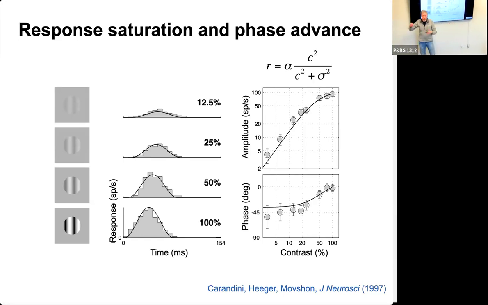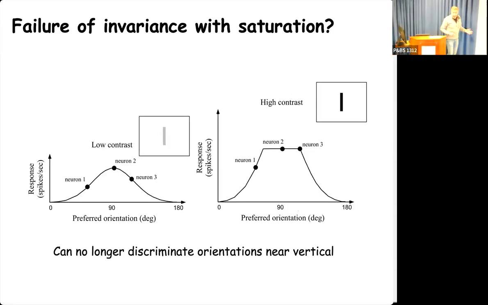Which in machine learning would be like throwing a sigmoid or a hyperbolic tangent on the output. And that's a big problem. This is what we had before. Now imagine I have this saturated. Now I try to turn up the contrast and I hit the saturation.